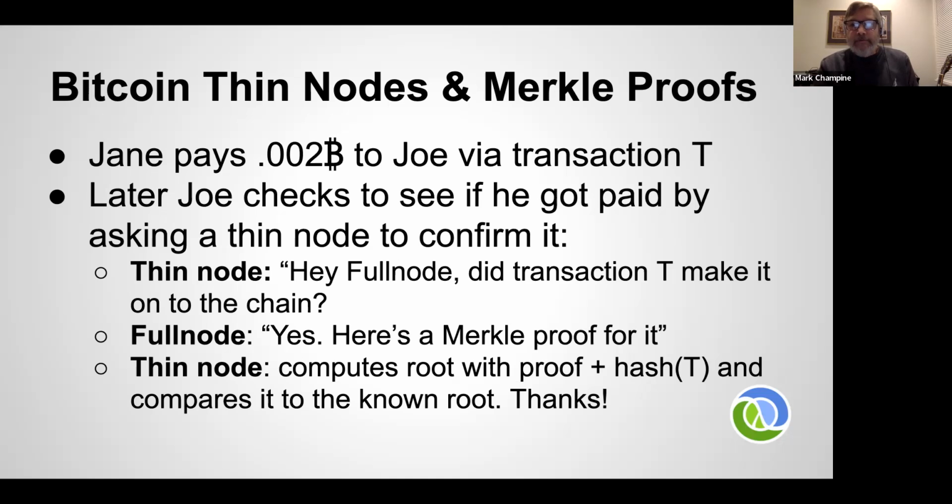The thin node verifies the Merkle proof with the hashes that are included in that proof, plus the known root, which is shared by all the nodes on the network. So if you validate the Merkle proof, then you can confidently say that, yes, that transaction did get incorporated onto the blockchain. You can feel confident in that and go ahead and release your product or whatever you're being paid for.